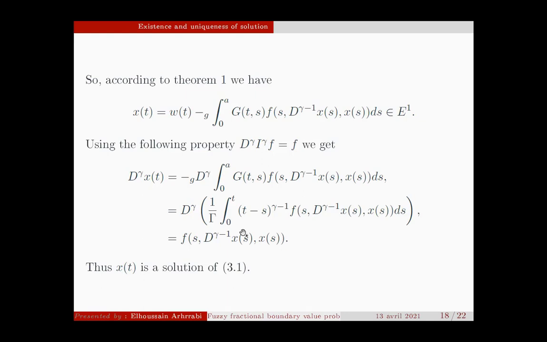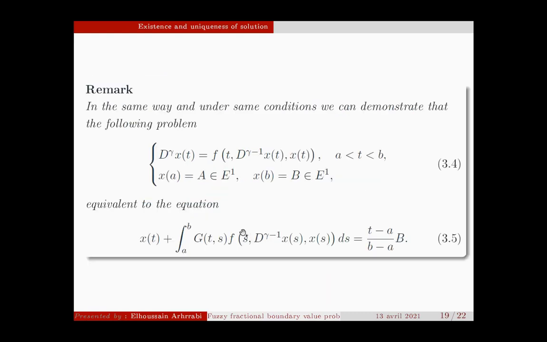According to Theorem 1, we have x belongs to E1, and by using the following property, we get that x is a solution of 3.1. As remarked, in the same way and under the same conditions, we can prove that problem 3.4 is equivalent to the equation given by 3.5.